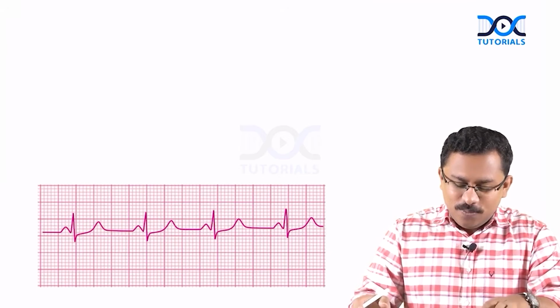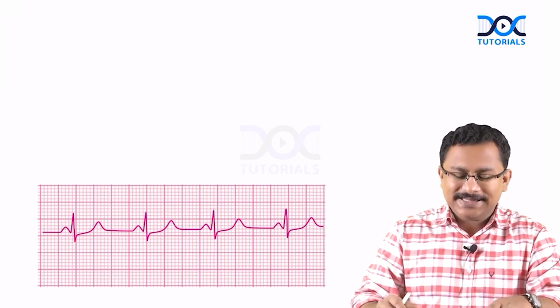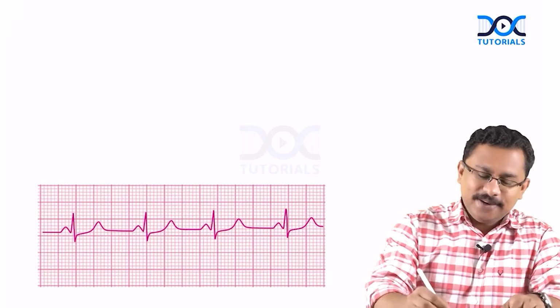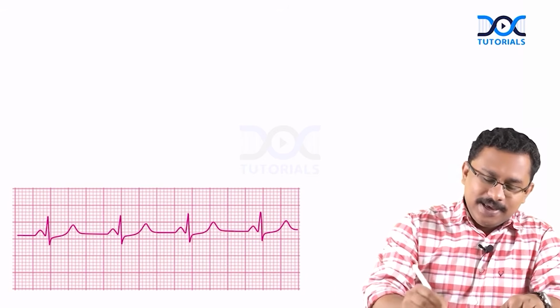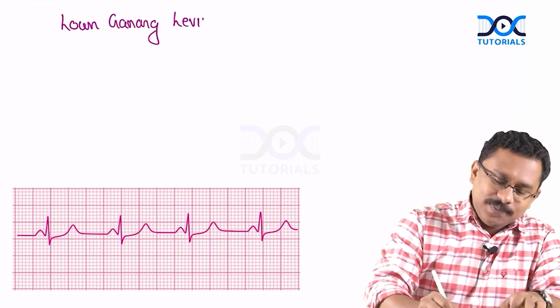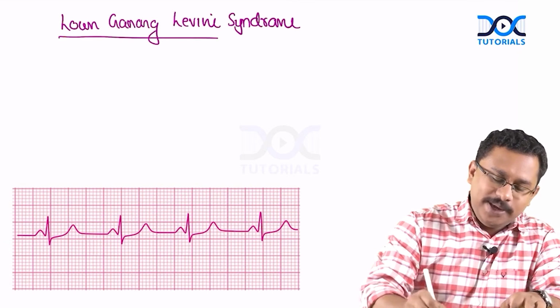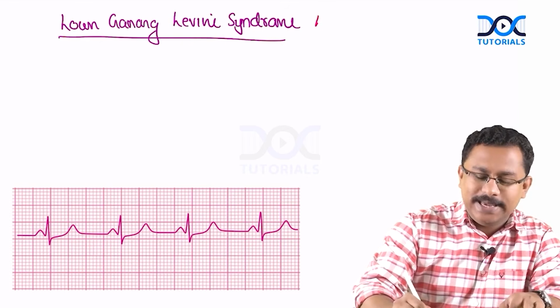All right, now moving forward, the next type of pre-excitation syndrome is referred to as the Lown-Ganong-Levine syndrome, LGL syndrome. Let me try to explain it for you.